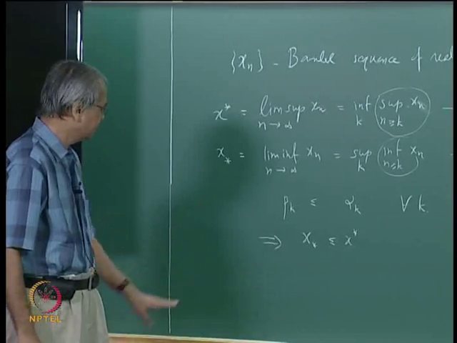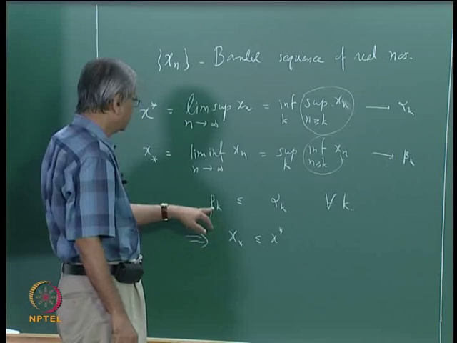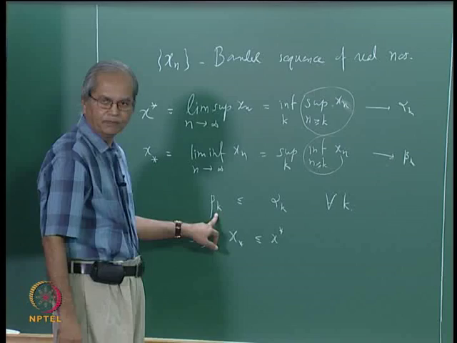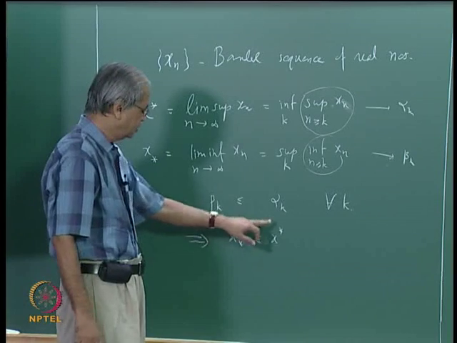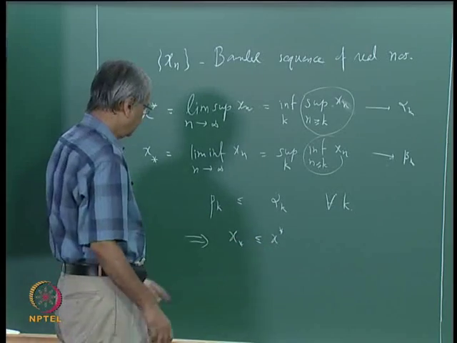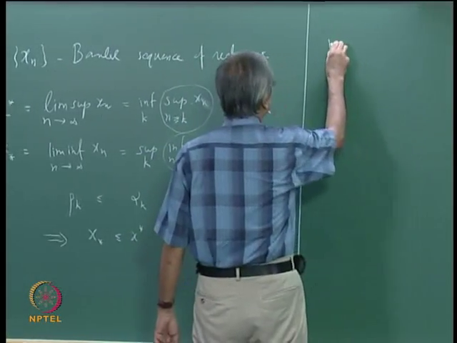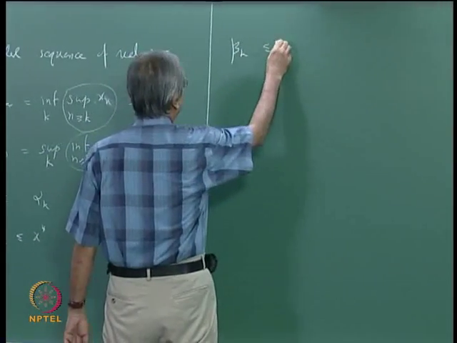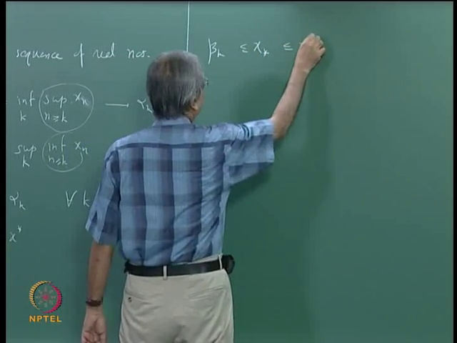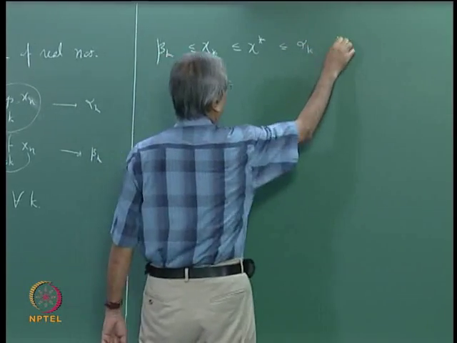In fact we can say something more. Since x subscript star is the supremum of the beta k, it will be bigger than or equal to every beta k, and similarly every alpha k will be bigger than or equal to x superscript star. So for all k, beta k is less than or equal to x subscript star, which is less than or equal to x superscript star, which is less than or equal to alpha k.